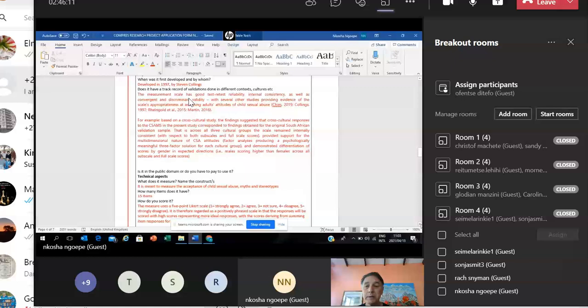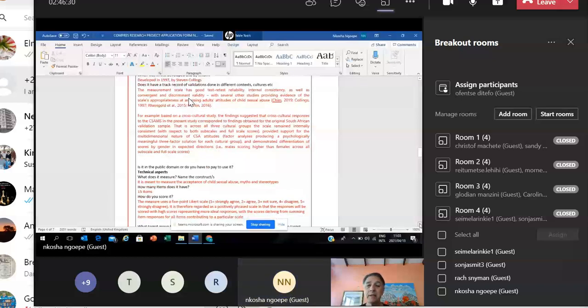So internal consistency is measured by means of Cronbach's alpha. It is just a score. I think you had it as 0.77, if I remember correctly. So that is just a number that is allocated. It's like a percentage.